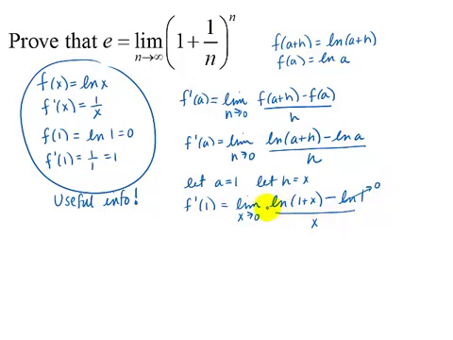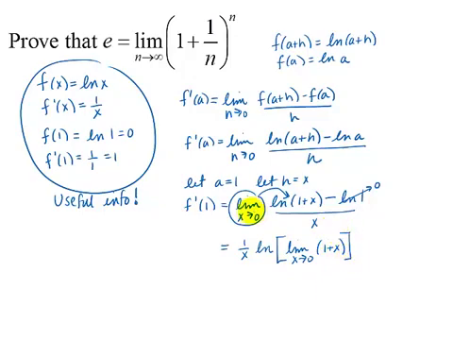Now remember, the natural log is a function, and the limit is very flexible. The limit can kind of sneak into functions because that limit is affecting the piece here with the x. So we're going to rewrite this a little bit, and we're going to call this x in the denominator 1 over x. We're going to put this limit inside the natural log function. So we're going to say the natural log of the limit as x approaches 0 of 1 plus x.